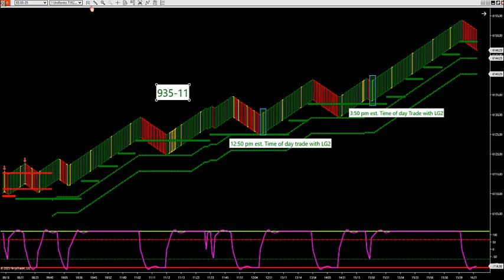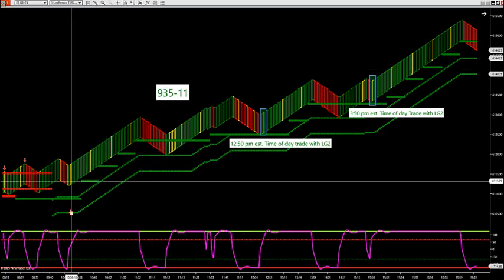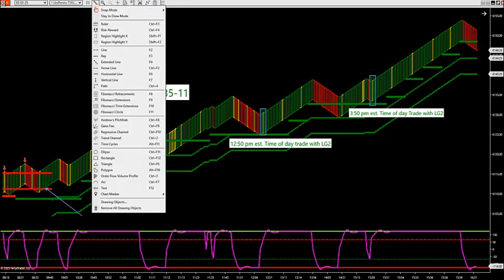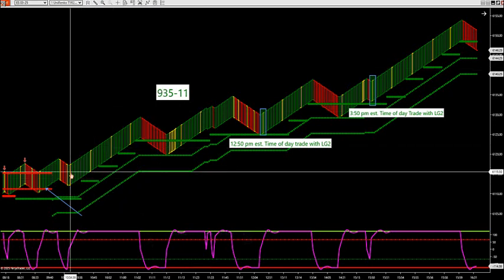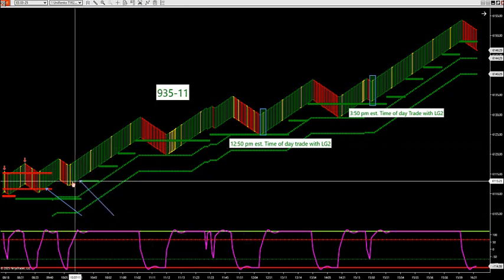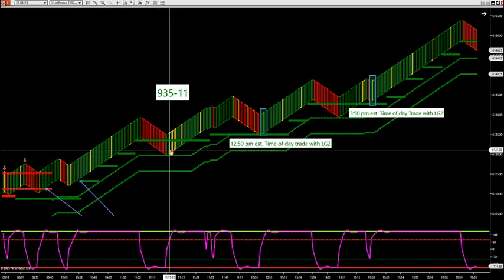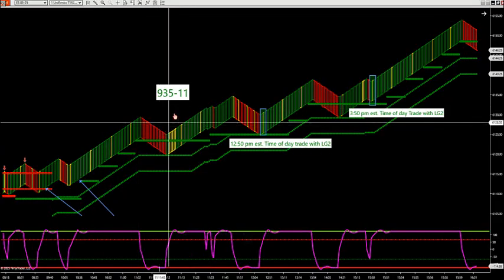This is our liquidity grab that started us off, the first liquidity grab after the V bottom came in. This happened at 10:34. Then we got one right after 11 o'clock that propelled us.